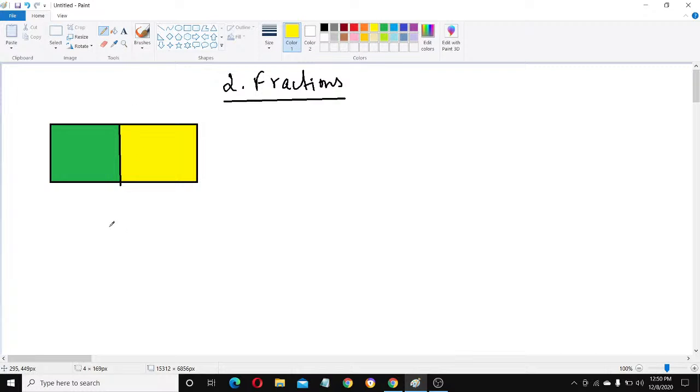This green color part I will write in fraction form. How do we write in fraction form? This rectangle is divided into two equal parts. Here two equal parts are there in the rectangle. So in the denominator write 2.